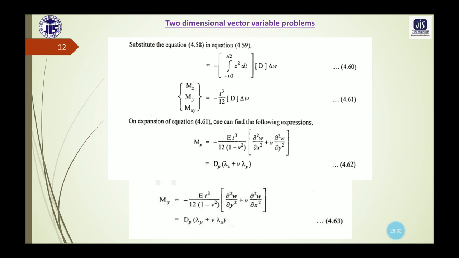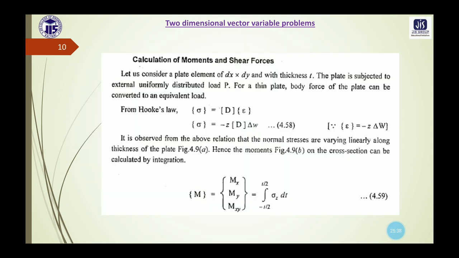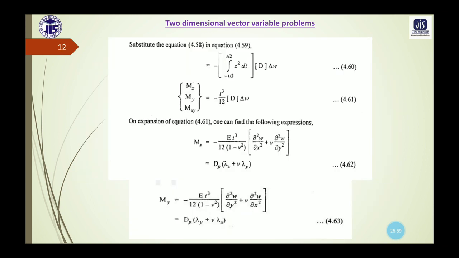If we substitute equation 4.58 in equation number 4.59, equation number 4.58 was this one, sigma equals minus z D del w. Equation number 4.59 was the representation of the moments. So we now substitute equation 4.58 in equation 4.59.